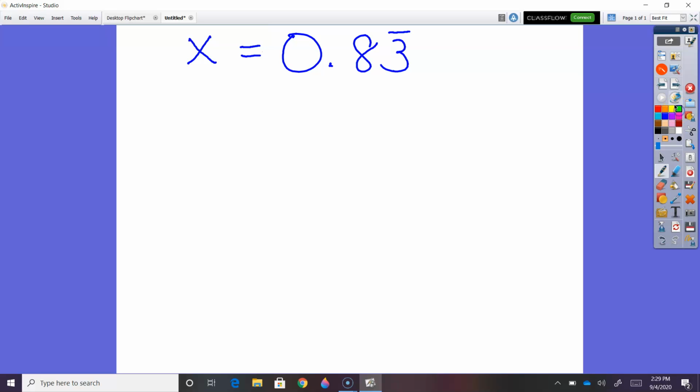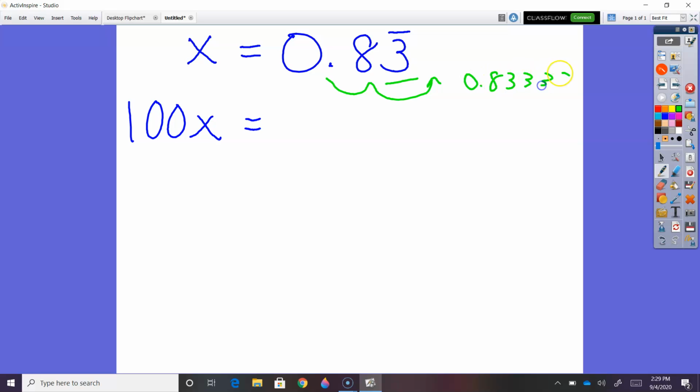Notice that the 3 is in the hundredths place, so I'm going to multiply both sides by 100. Moving that decimal over 2 places. Remember, just the 3 is repeating, so that's 0.83333. And if I move it over 2 places, I've got 83.3 repeating.